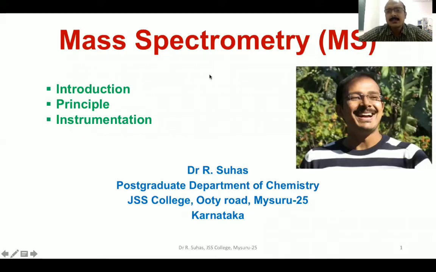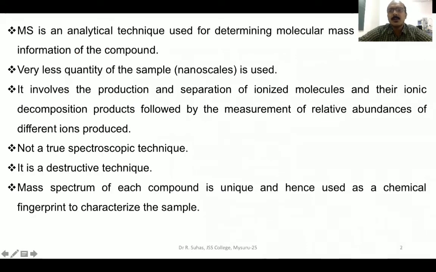In the first module, we are concerned with the introduction, principle, and some of the instrumentation techniques involved here. Before going into the actual topic, let us study some basic or general introduction with respect to mass spectrometry. So mass spectrometry is essentially an analytical technique which is used for the determination of molecular mass and structural information of the compound.